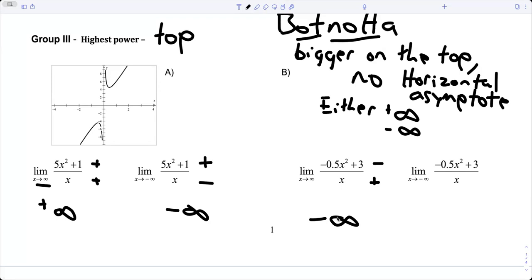So it's squared, which makes it positive, but then it's multiplied by negative, that makes it negative, and I'm plugging in negative numbers to the bottom. That makes that negative. Negative divided by negative means it is going to positive infinity. Any questions for me on that?